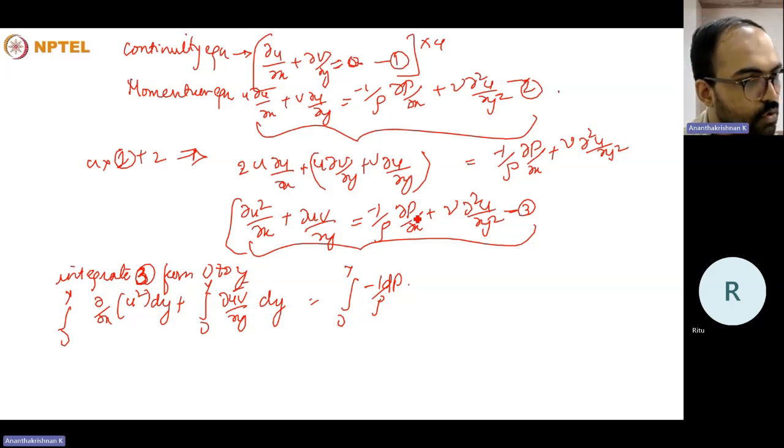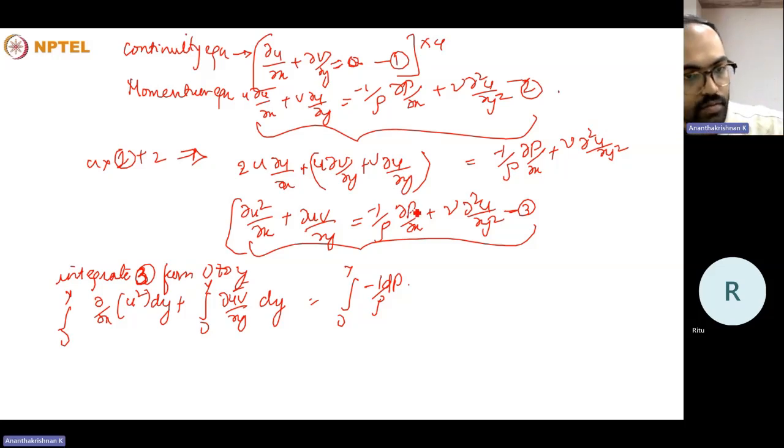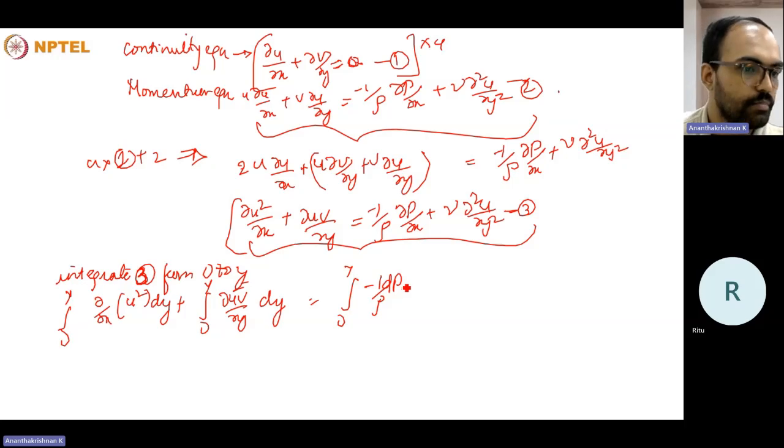If this is a flow over a flat plate, then from the initial analysis we have represented dou p by dou x as dou p infinity by dou x. In the previous discussion we saw this dou p by dou x, right? We have written it in the form of dou p infinity by dou x, so you could write it straight away since this is a flat plate.